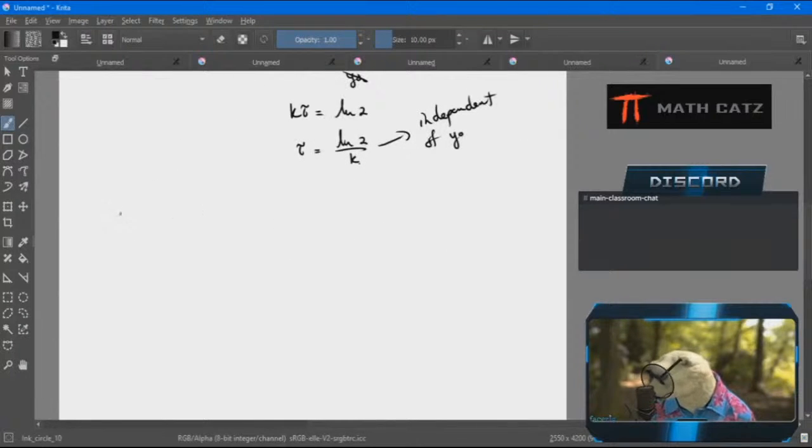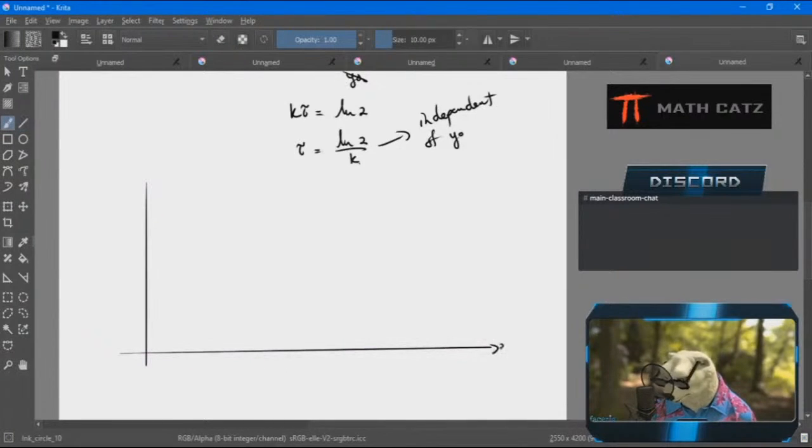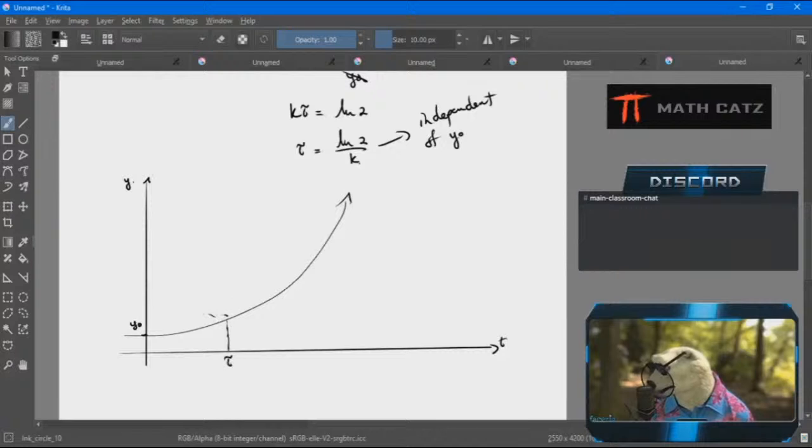So if I were to graph this out quickly, I have my population size, my exponential growth here. Whatever I start with, it's going to take a certain length of time, tau, to double to twice what it was.